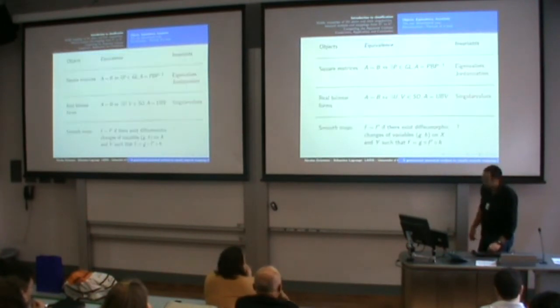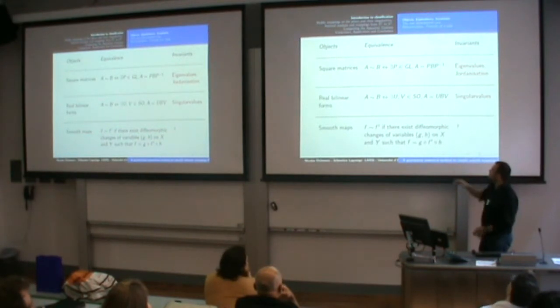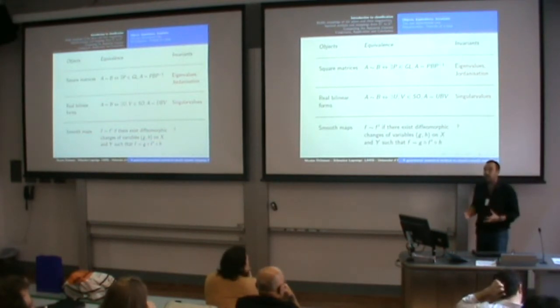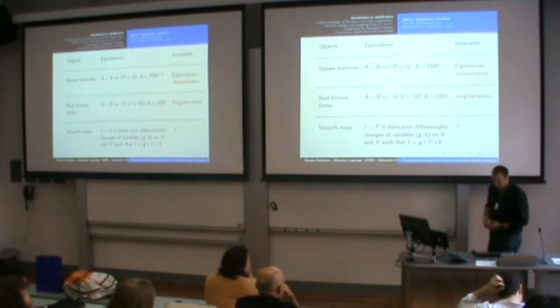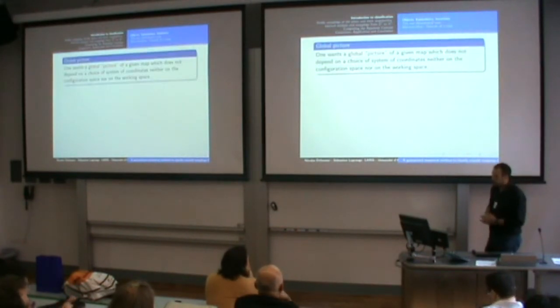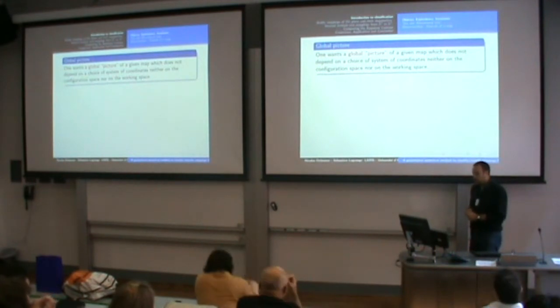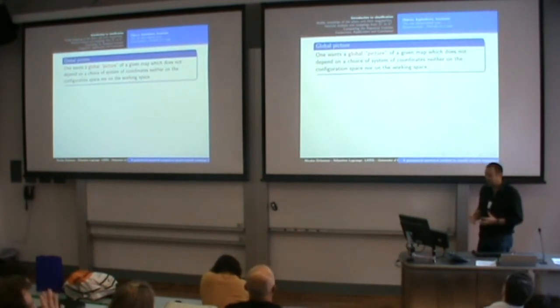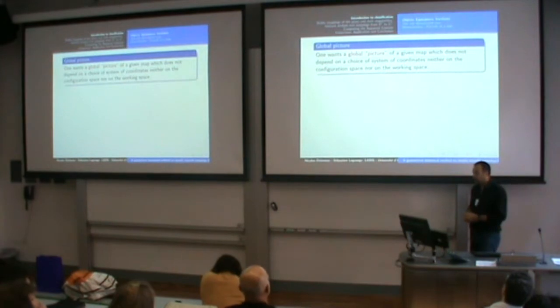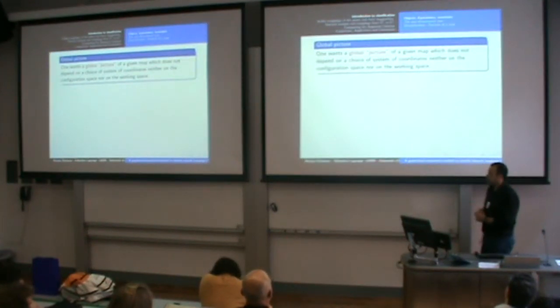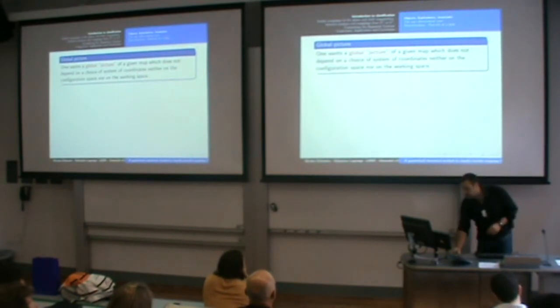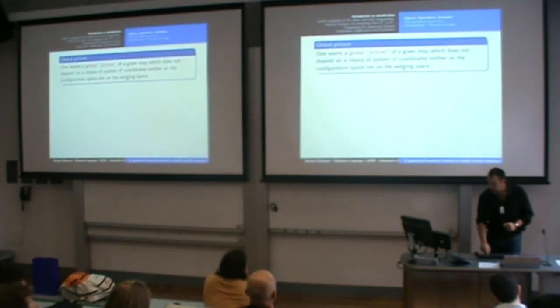So the first part of my talk is to show you what kind of invariant we can expect to compute. In other words, we want to be able to have a global picture of a given map which does not depend on a choice of system of coordinates, neither on the source set nor on the target set.